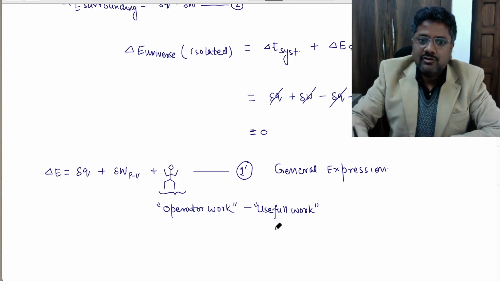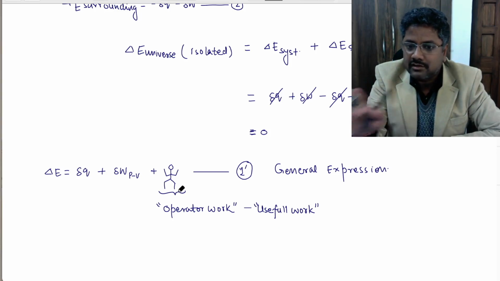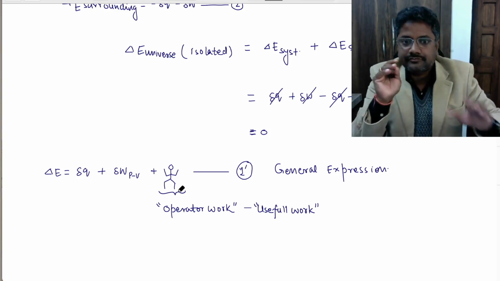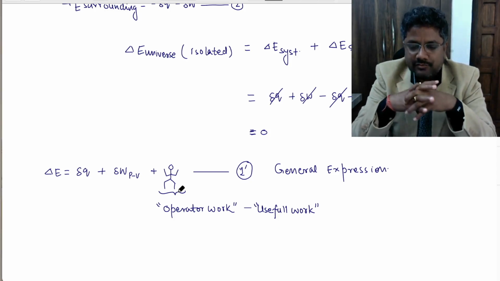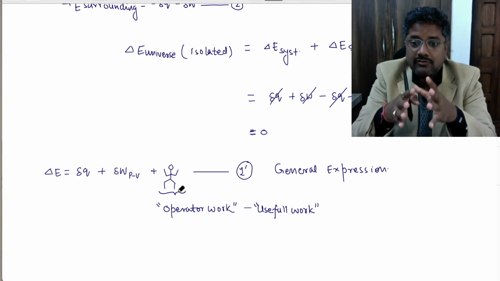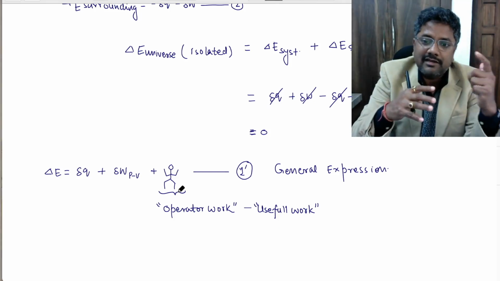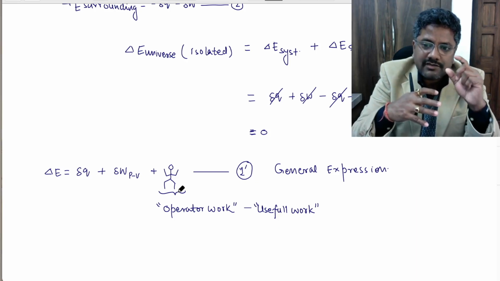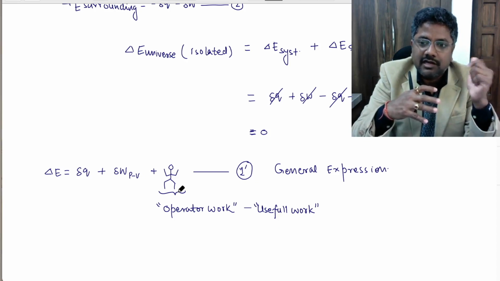The work against the atmospheric pressure was not our useful purpose, because that energy is wasted. Our aim was to lift the mass up to the first floor. We don't want to use the energy of the system for expanding against the external atmospheric pressure. So whatever fraction of energy is used in the expansion is non-useful for us.